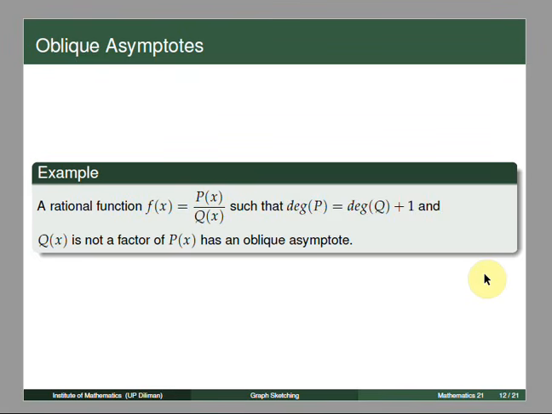So again, if the denominator is not a factor of the numerator, and the numerator has degree 1 more than the degree of the denominator, then you will always have a linear oblique asymptote. Okay? Great thing to remember.